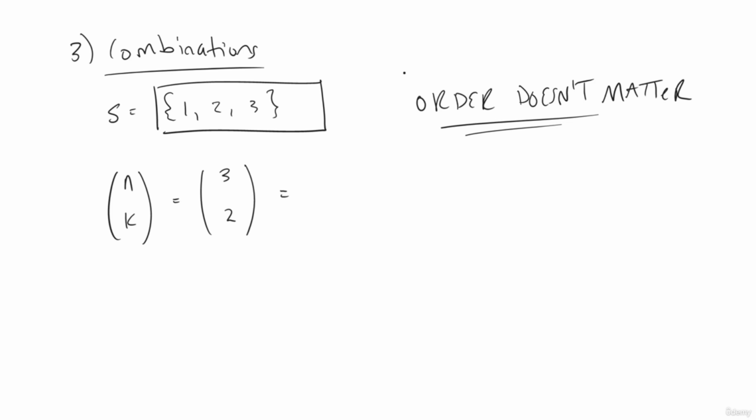Well, the formula for this is going to be n factorial divided by k factorial times n minus k factorial. And in our case, since we have 3 choose 2, you can read this as n choose k, by the way, or 3 choose 2 in our case.